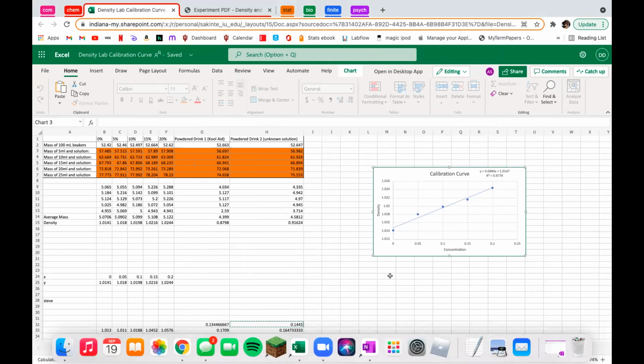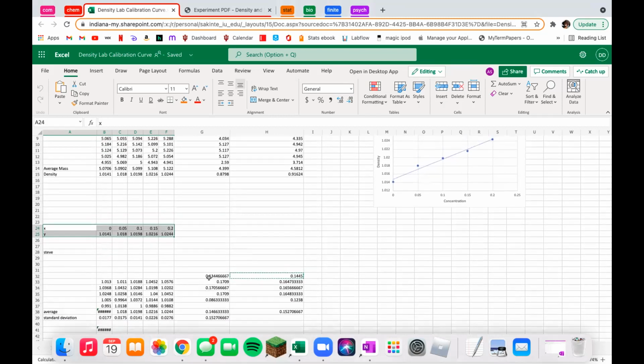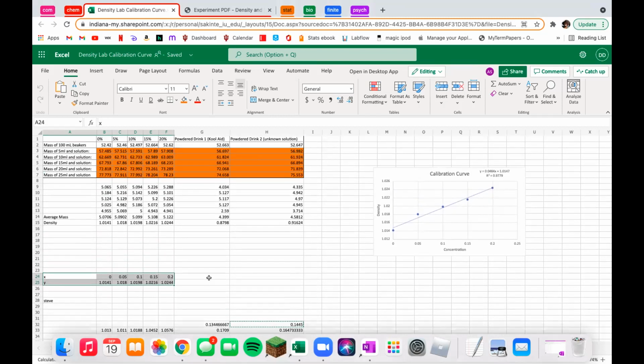Where are the values that you used for that? It's right here. Go ahead and scroll down to your original value table. We got these numbers from this right here.